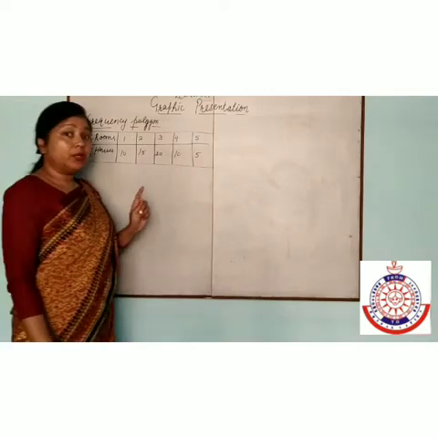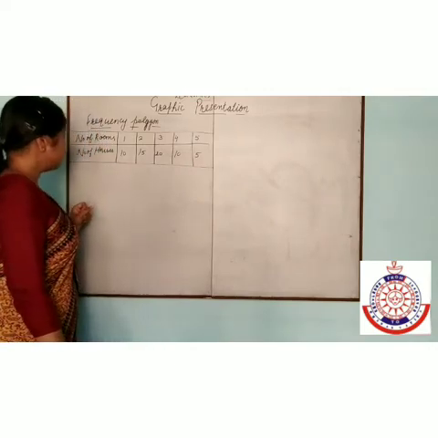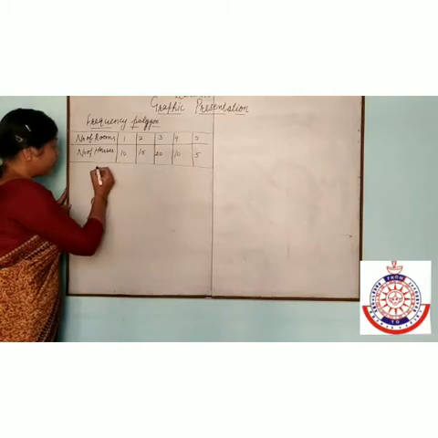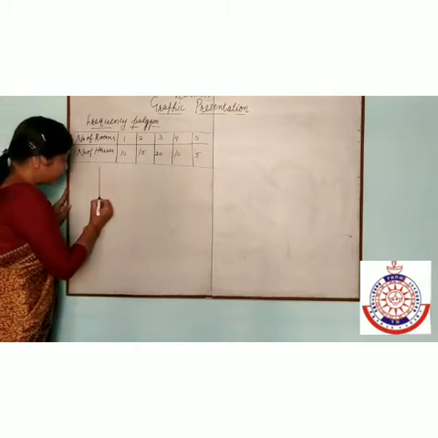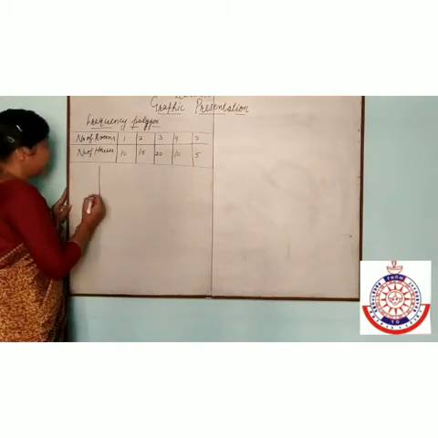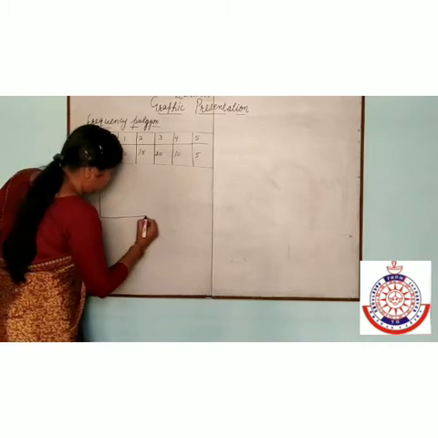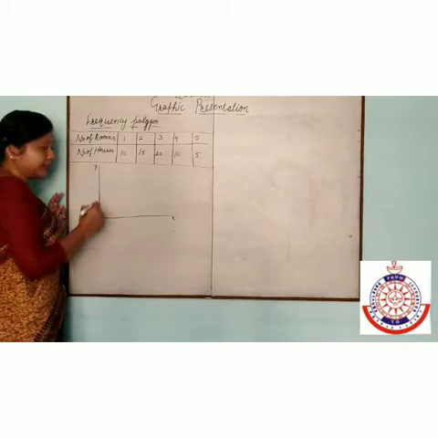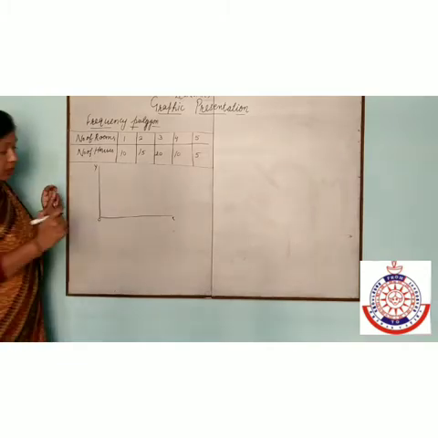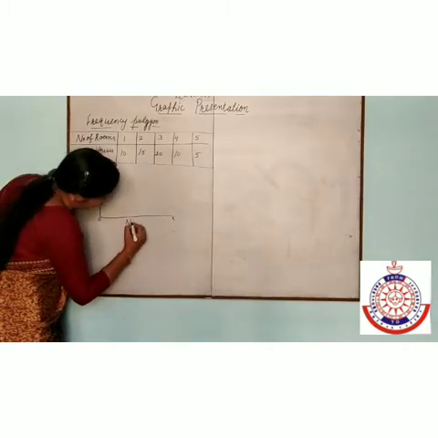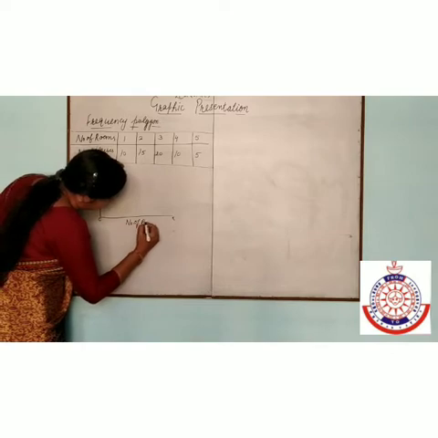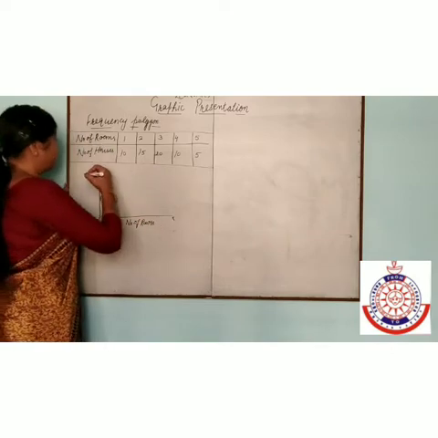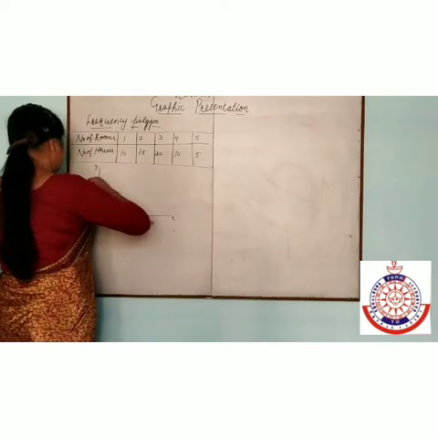Now, how can we draw the frequency polygon? First of all, we will take two axes, OX and OY. On OX axis, we have to show the number of rooms, and on OY axis we will show the number of houses.